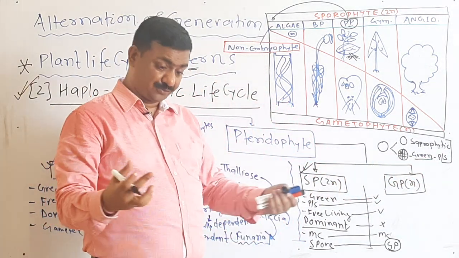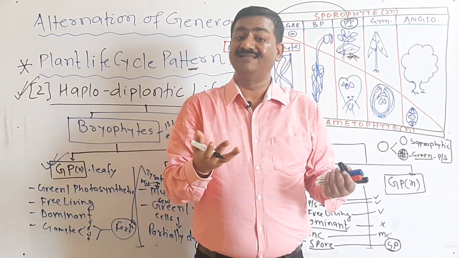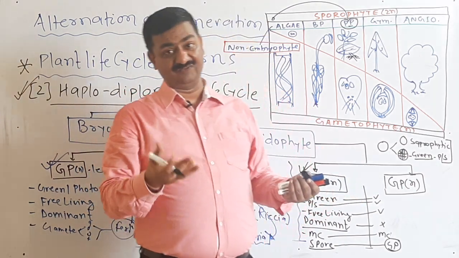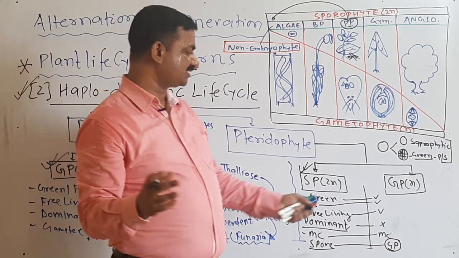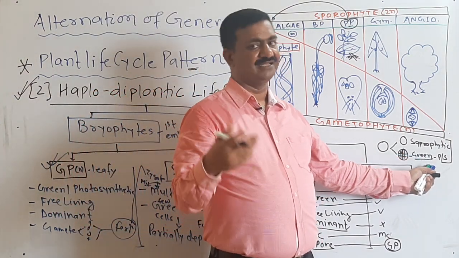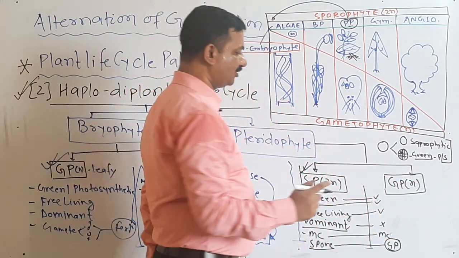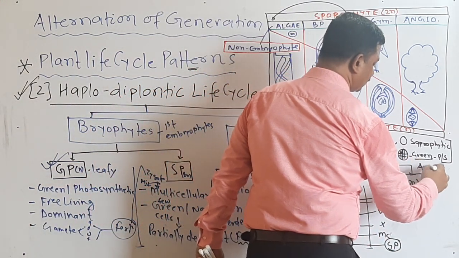Later on, absorbing the food and growing, their cells will divide, and with the division of cells, their green cells will also divide. Once they start photosynthesis, they will be autotrophic.